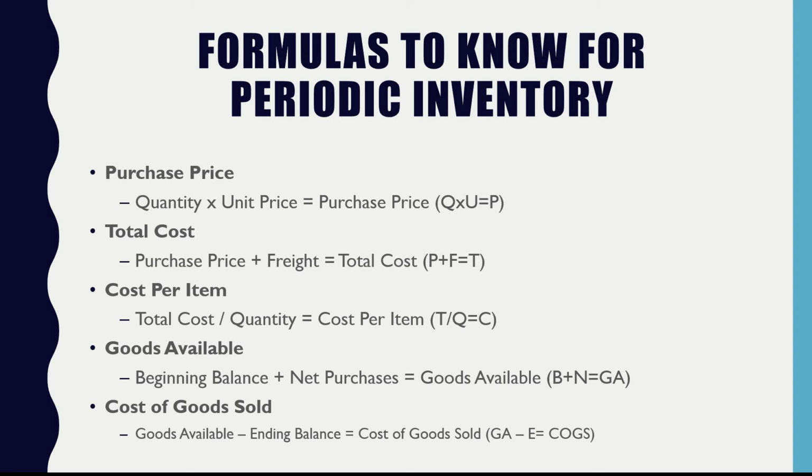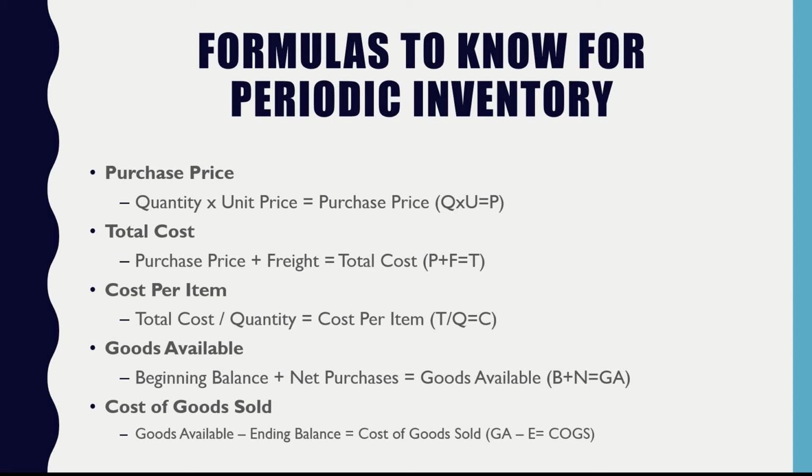Once again, the purpose of doing FIFO is that if you are doing groceries, you can consider selling out your first batches first because your food is going to expire. With that being said, here are the formulas you need to know that will help you create those batches of inventory.